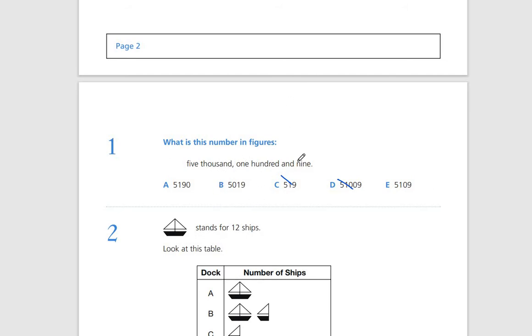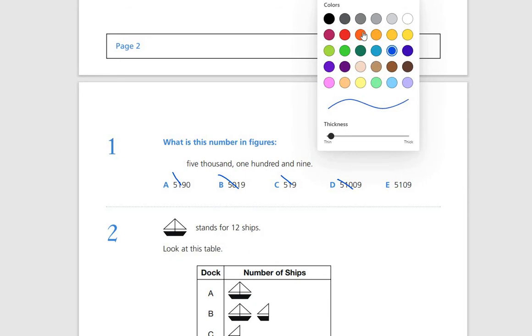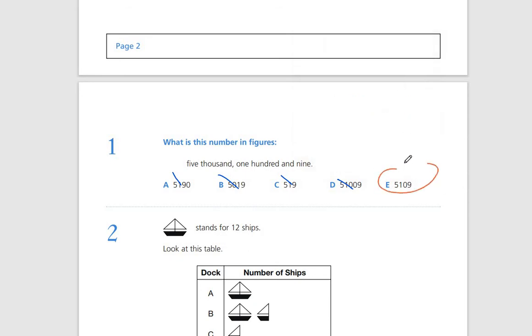It says 5,109, so that means there should be a 1 in the 100 column. There's not a 1 in that one. And then there should be nothing in the tens column, but there's something in the tens column in this one. There's nothing in this column. But it says 9, so that means a 9 in the ones column. So E is our answer, which is here.